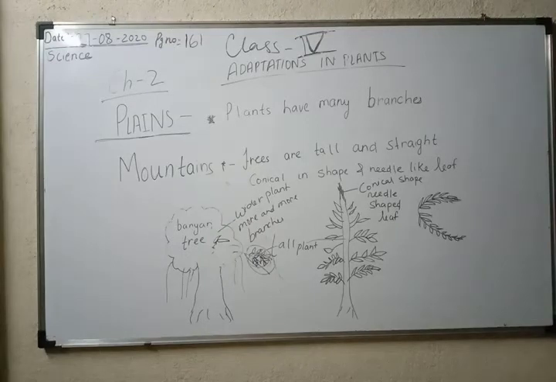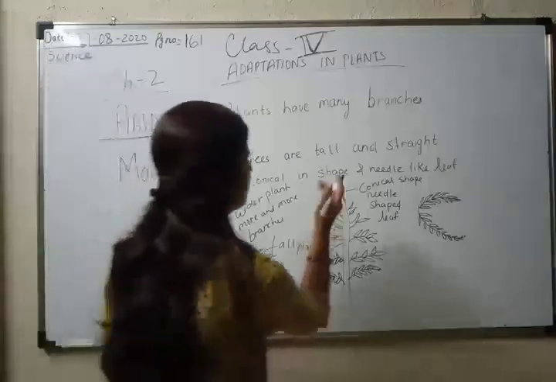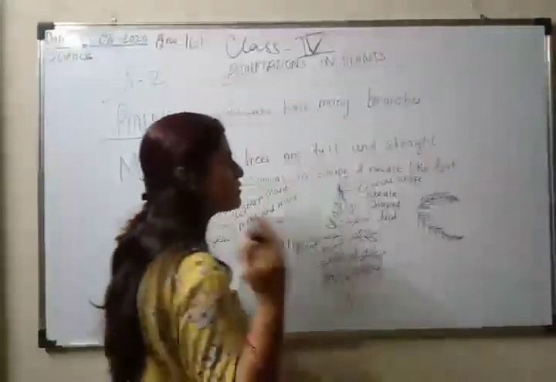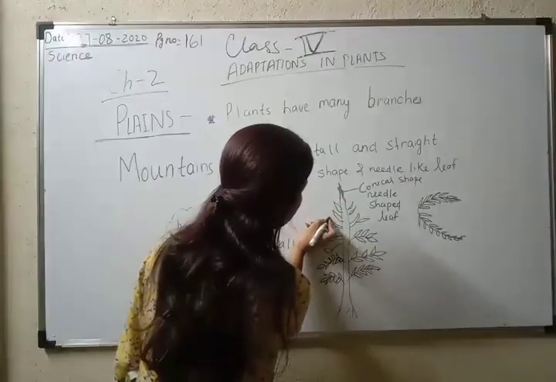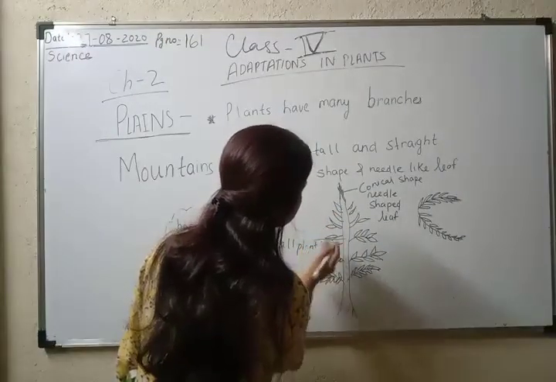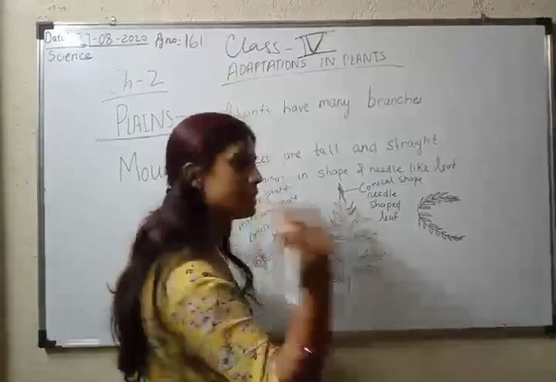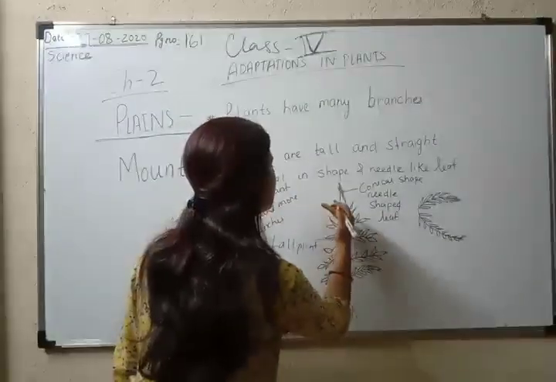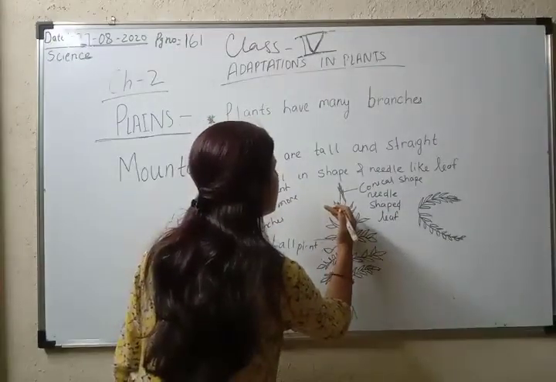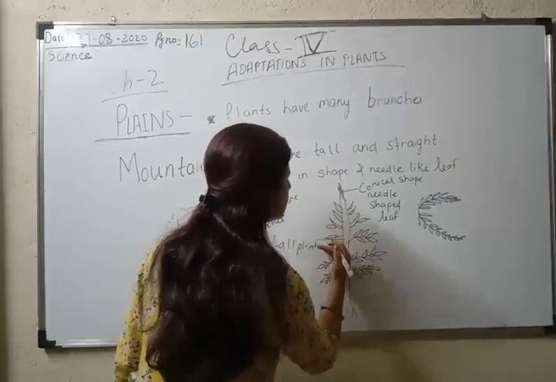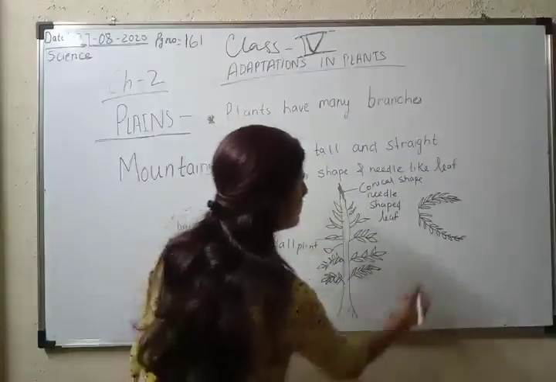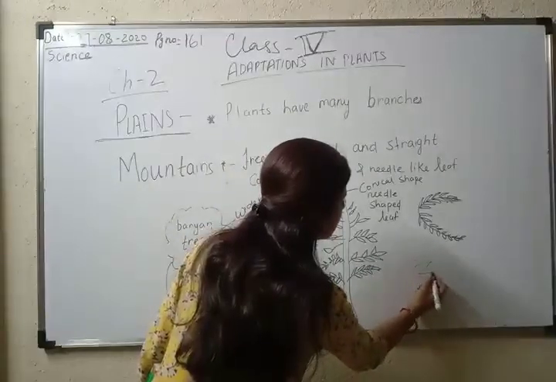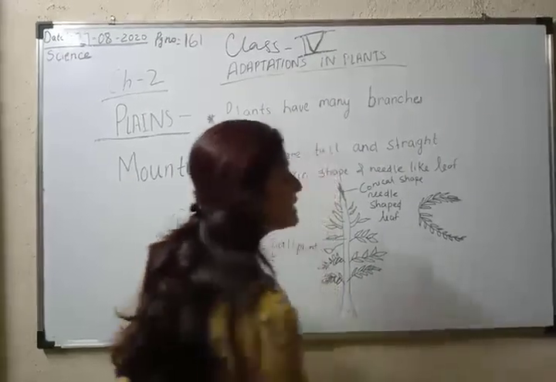So what happens? क्या होता है कि ना, when you see the plants of the mountain area, you will find that all the leaves are not arranged parallelly. They are in an alternate, adjacent way. None of the leaves is parallel. कोई भी leaf एक दूसरे के नीचे नहीं होता है. So इससे क्या होता है?